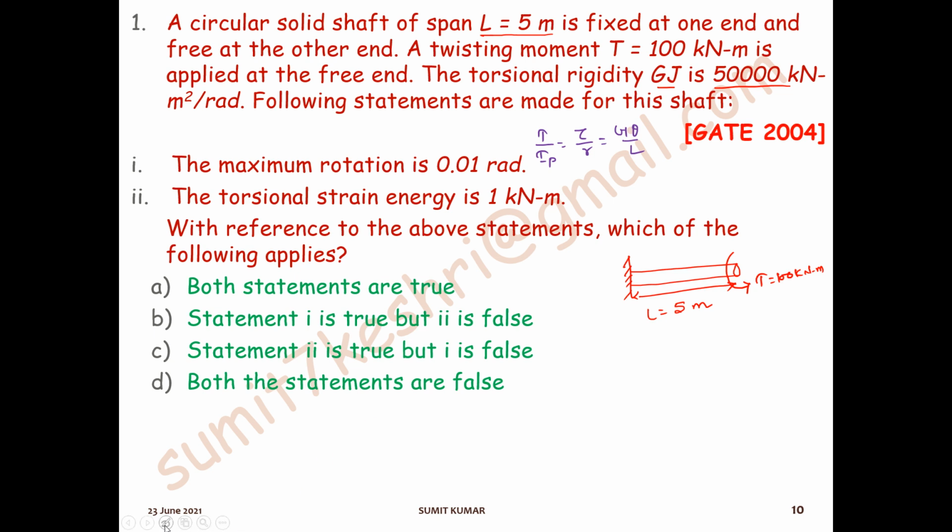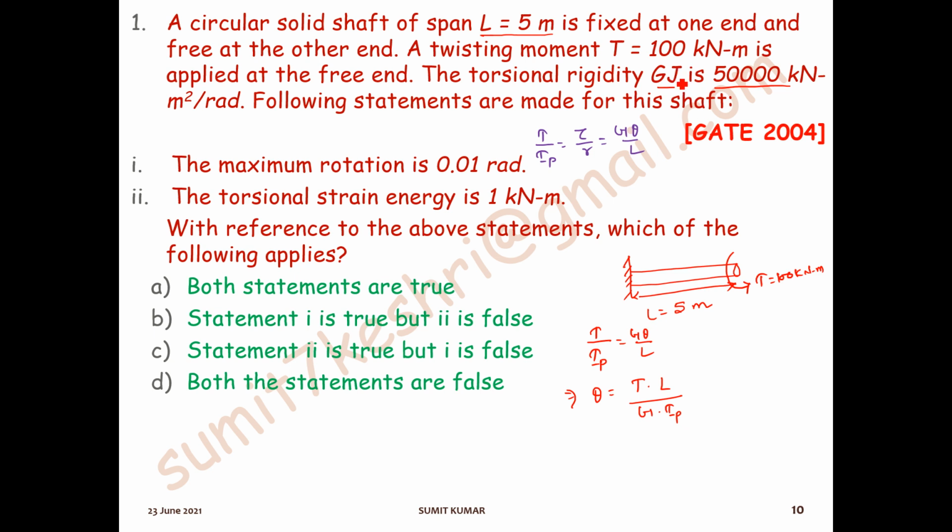T by IP is equal to G theta by L, so theta will be T into L by G into IP.